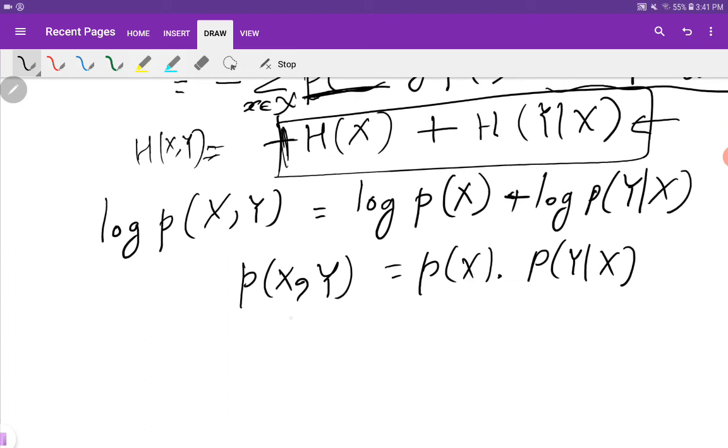What else can we do? We can take a log, and then this just becomes log plus log instead of a product.